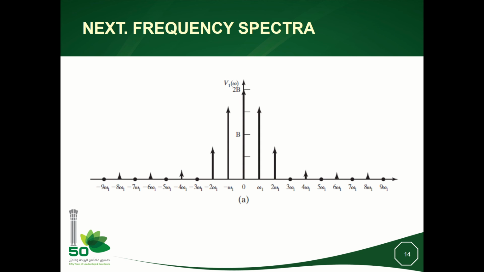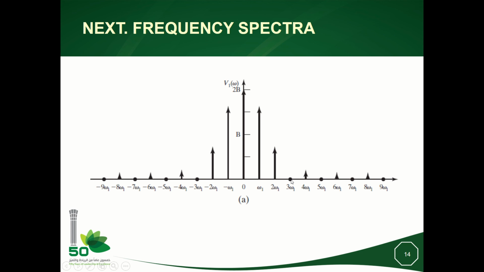For the frequency spectra, I will calculate the amplitude and phase of the Fourier transform, and we see that the sinc function will be 0 when I have n even.